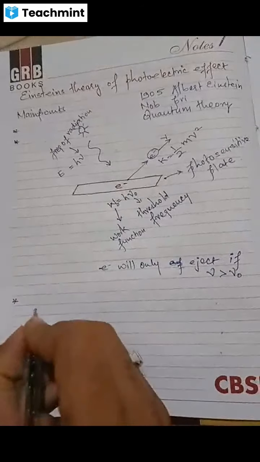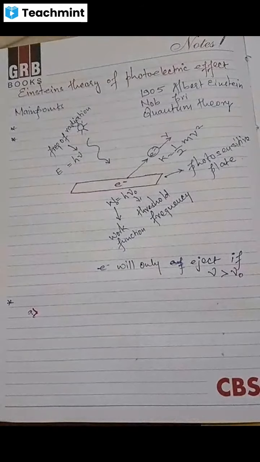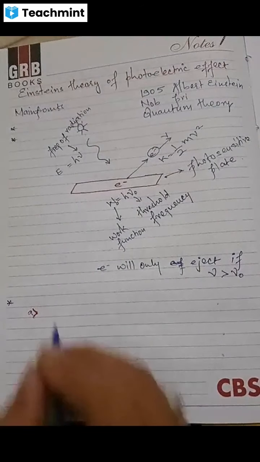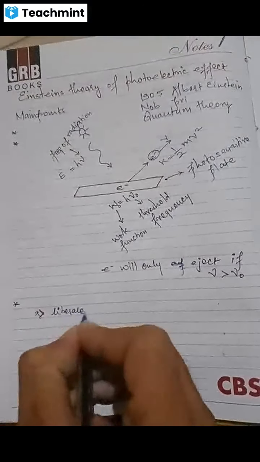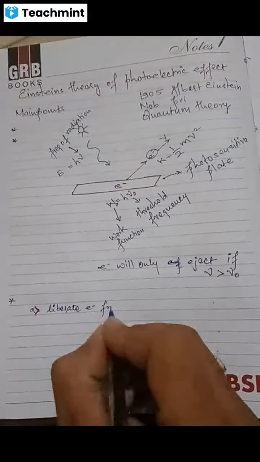Number one, a part of the energy is used to liberate the electron from the metal surface.